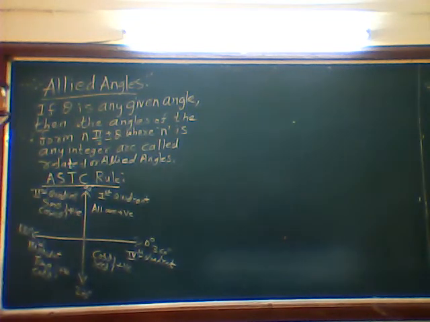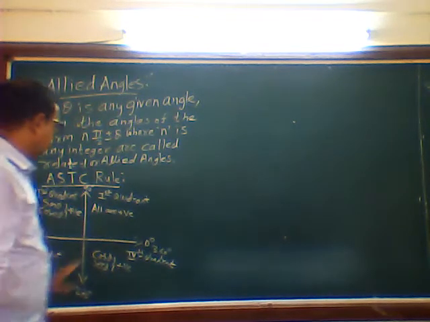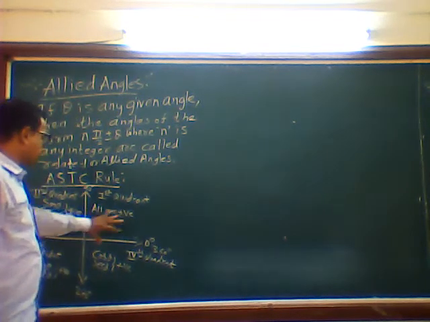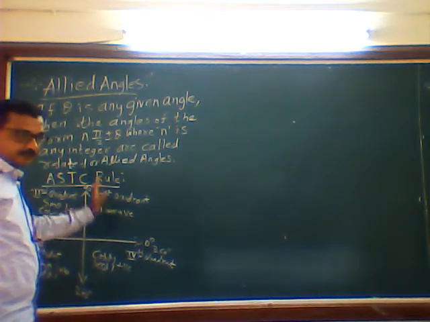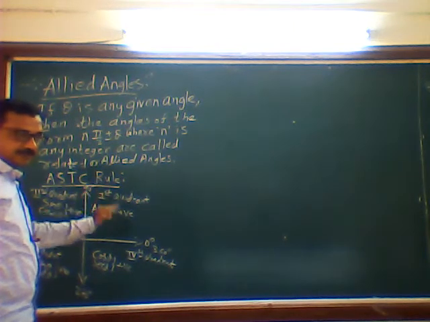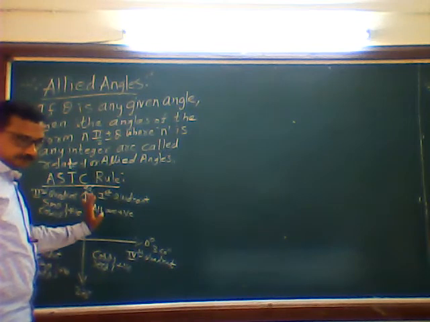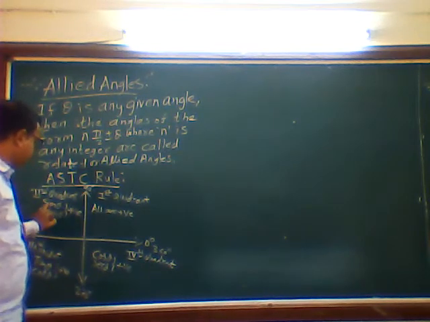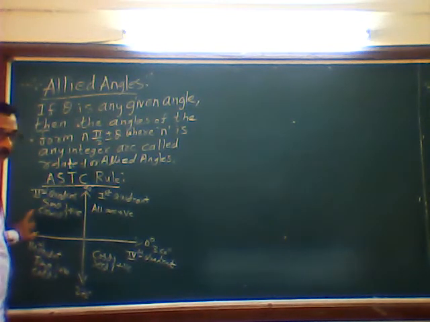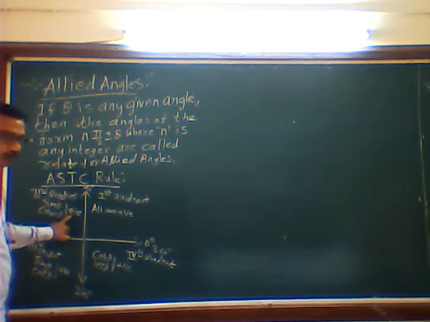So you should remember this properly. Got it? A stands for all are positive, means all 6 ratios: sin theta, cos theta, tan theta, cosec, sec, cot. S stands for sin and its reciprocal relation is cosec. Sin and cosec theta are positive, remaining 4 are negative.